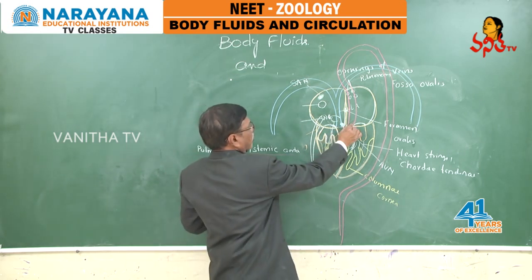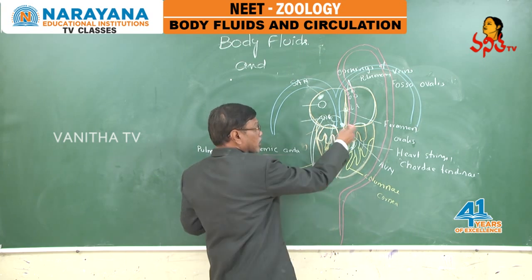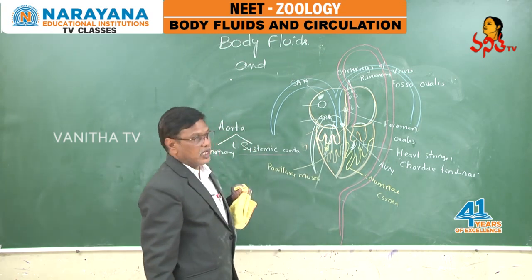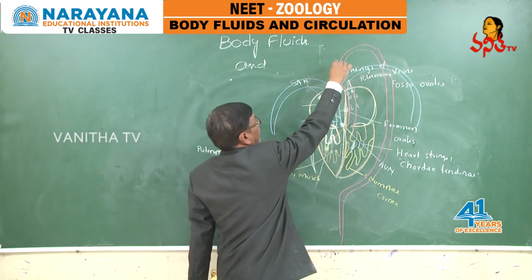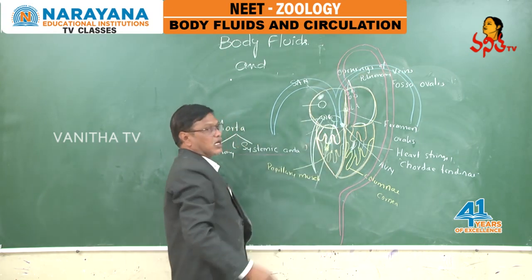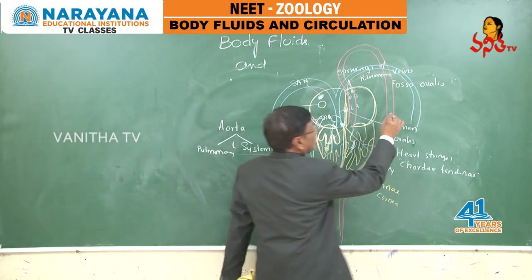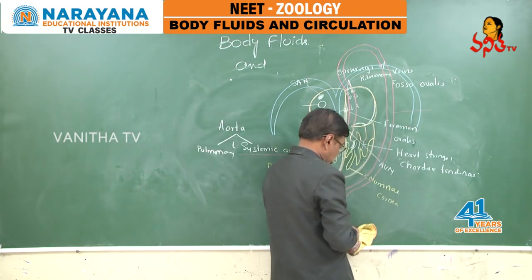It turns around the left bronchus to become what? Dorsal aorta.